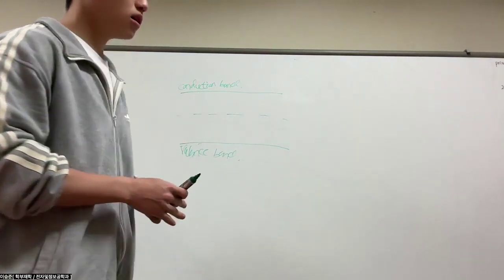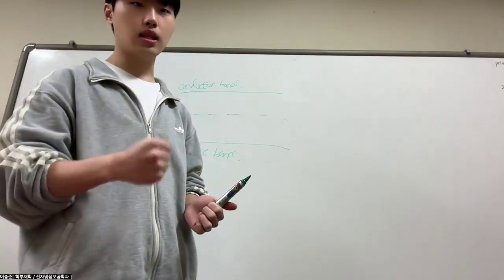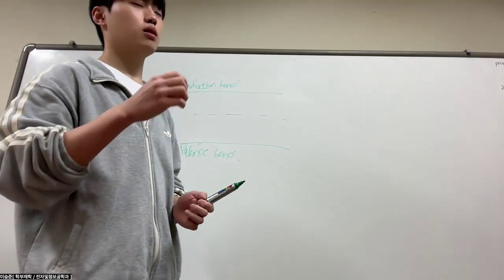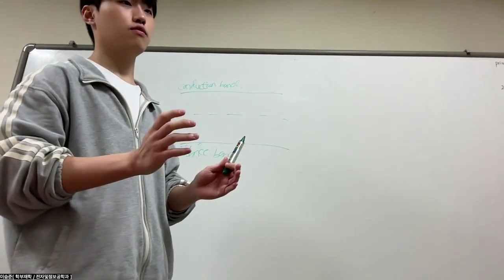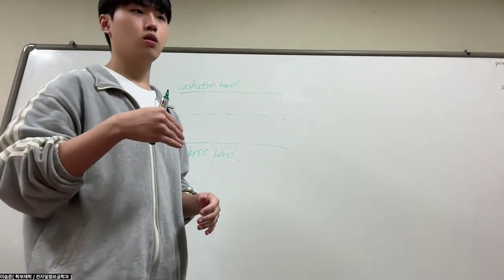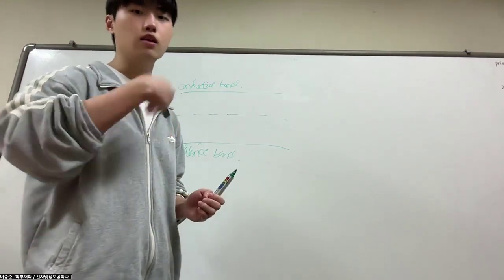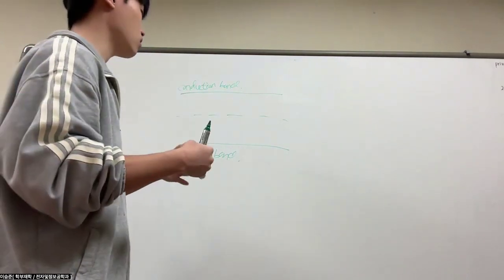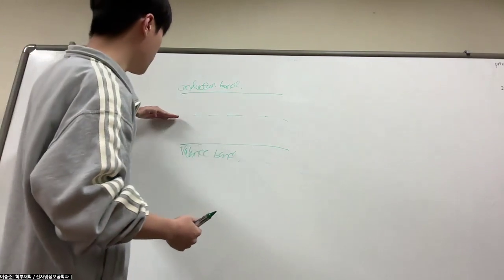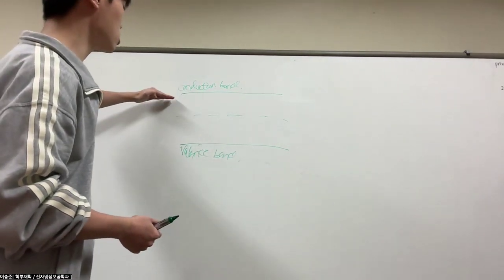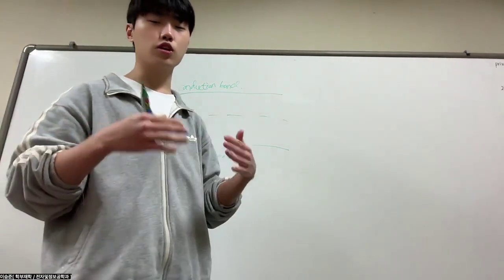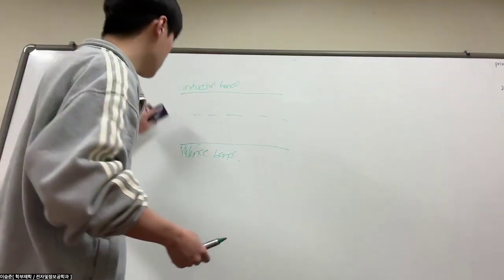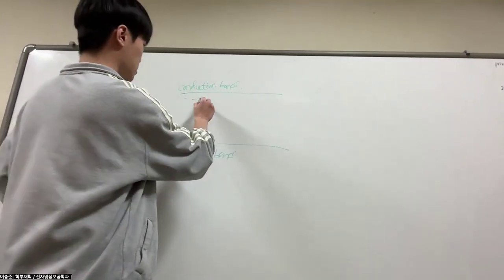So when we dope with an n-type dopant, where the outer electrons are five, we call those donors because they give electrons. When we use donors for doping, the Fermi level goes up toward the conduction band because the electron concentration goes higher than the hole concentration. So the Fermi level goes like this.